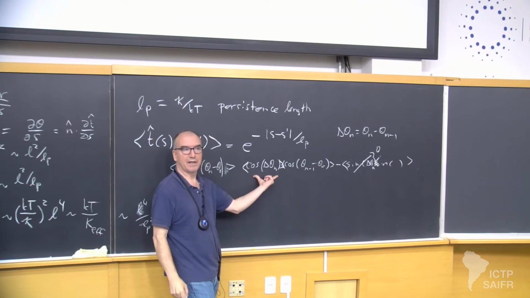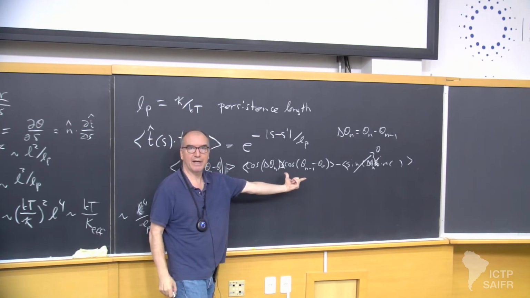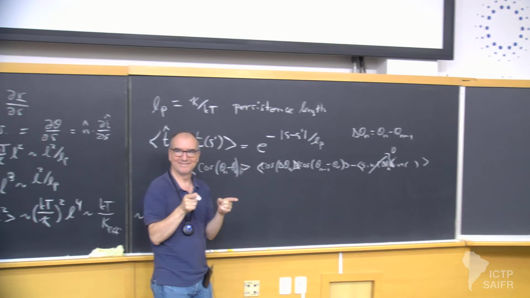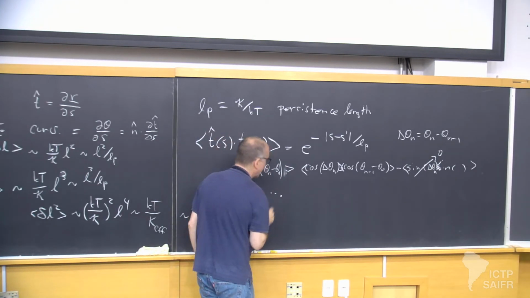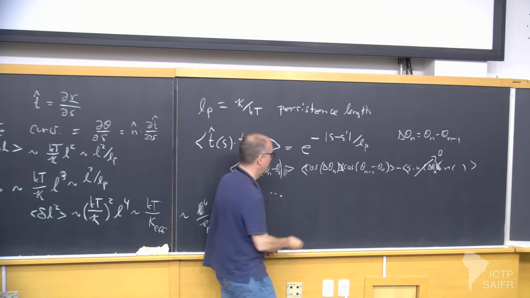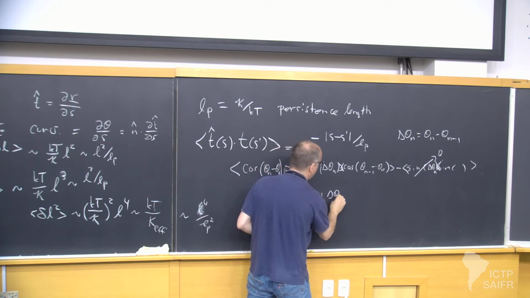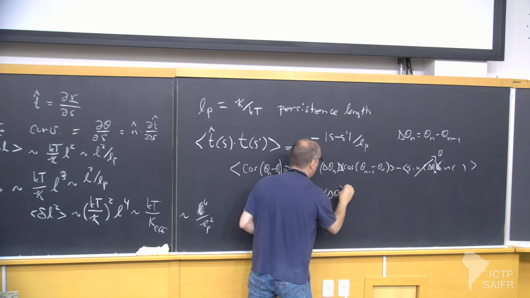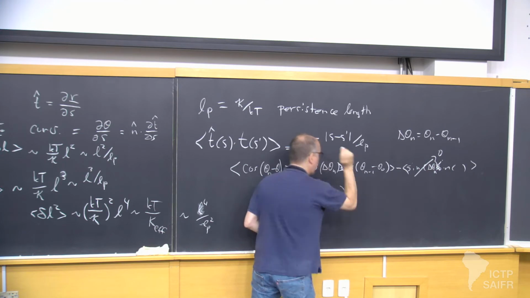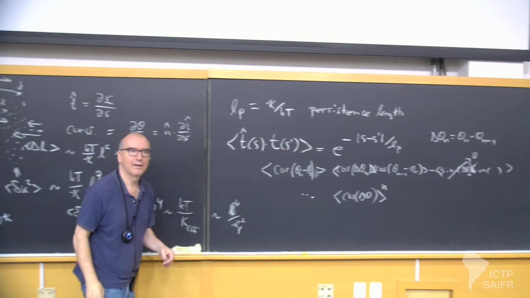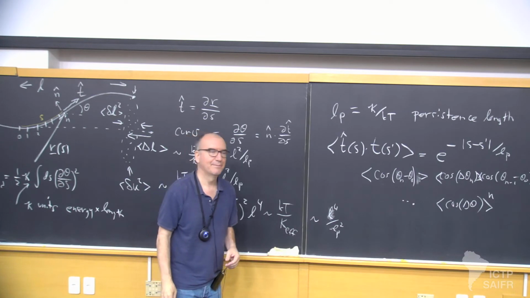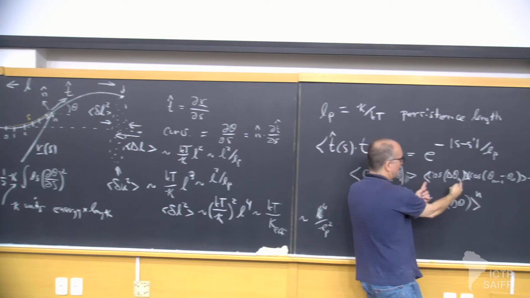I get cosine delta theta times a similar thing I started with, but it's 1 shorter. Dot, dot, dot, continue. And what I get is the average cosine of delta theta to the nth power. Okay?